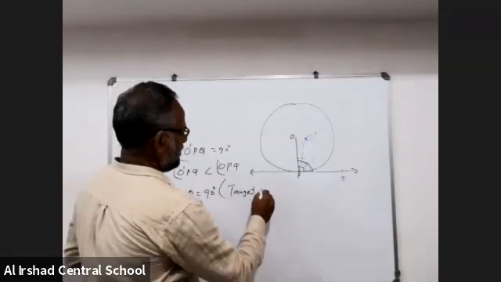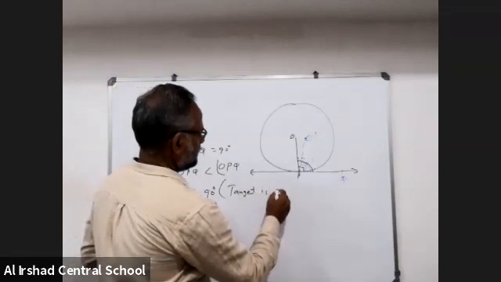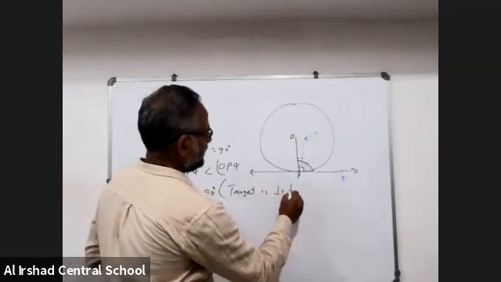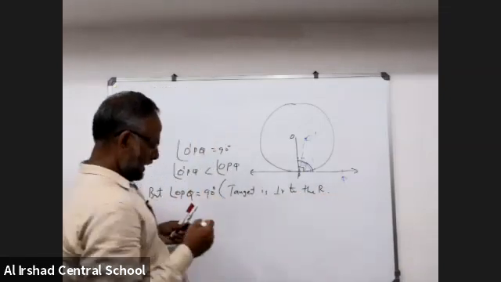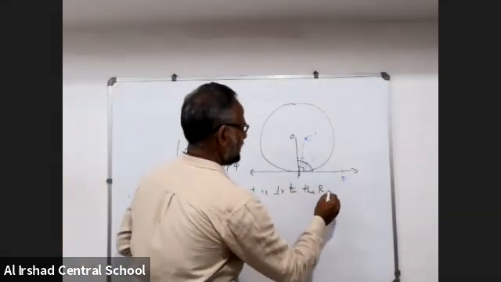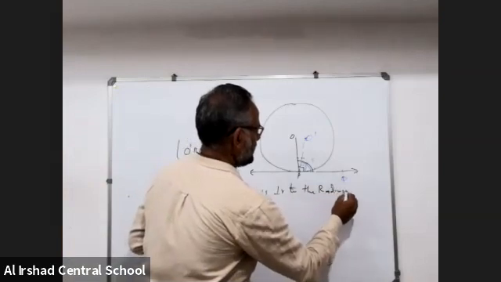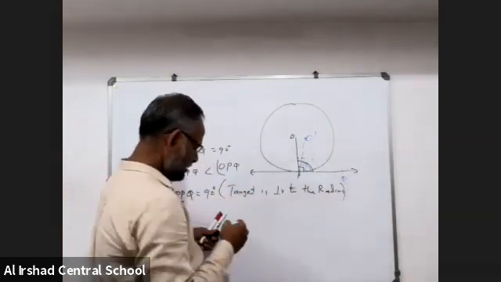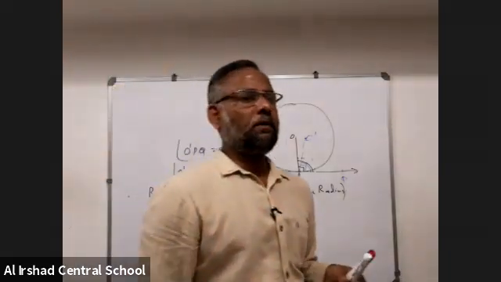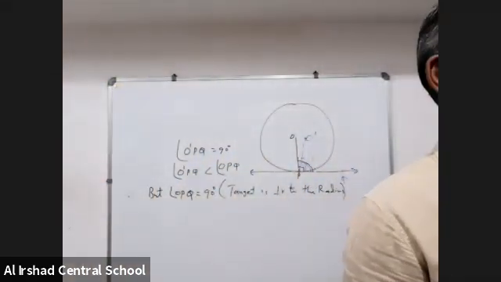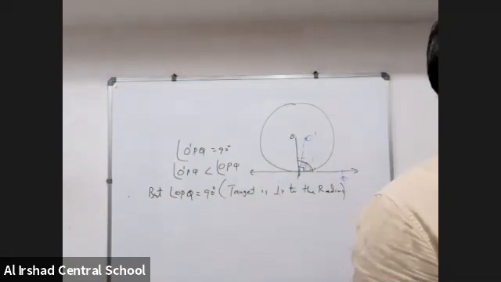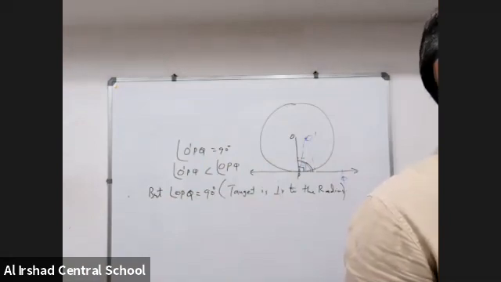This OPQ is 90 degree because tangent is perpendicular to the radius. Tangent is perpendicular to the radius. That is why we know OPQ is equal to 90 degree. So what happened?